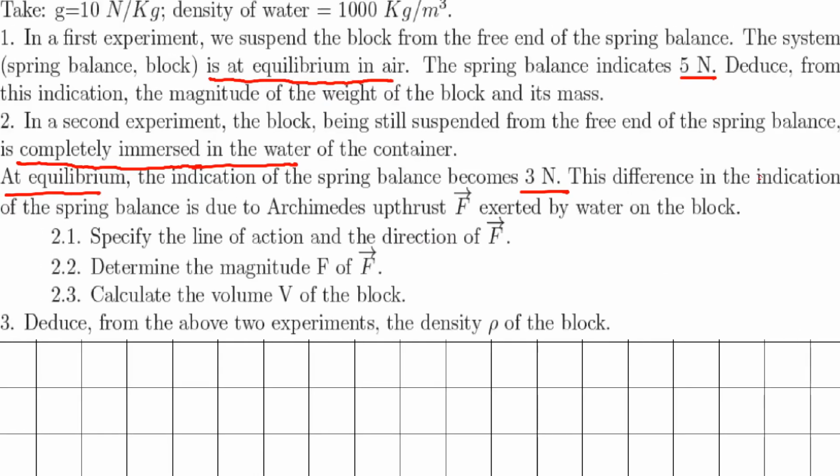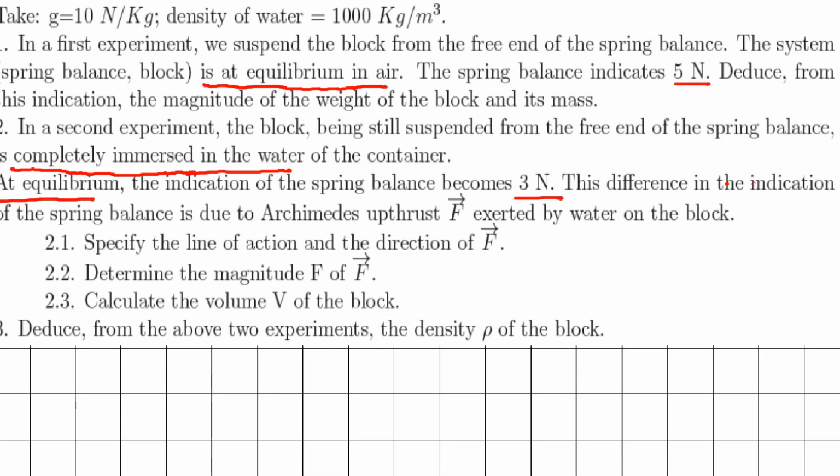So here we can directly guess that this solid S will be subjected to Archimedes upthrust F because we have liquid, and whenever we have liquid, the solid S will be directly subjected to F upthrust exerted by water on the block.